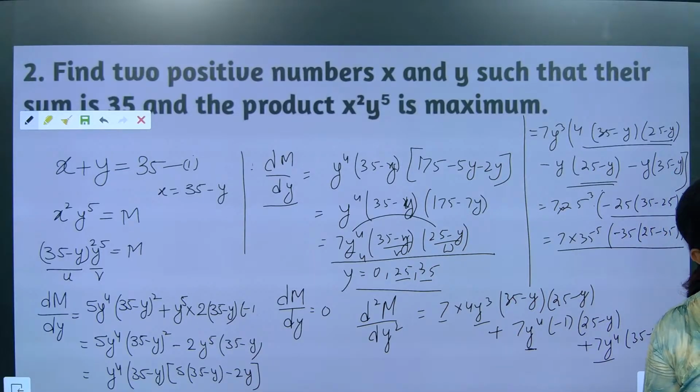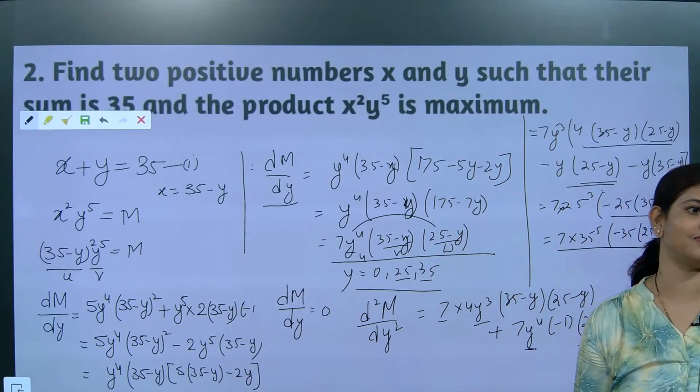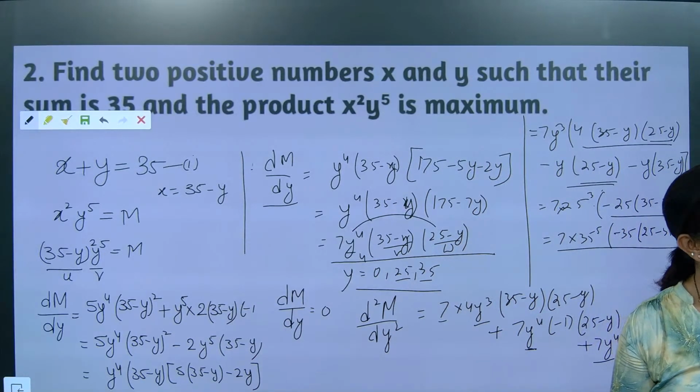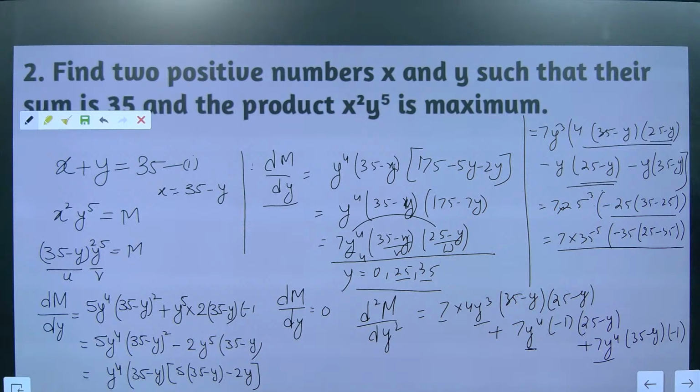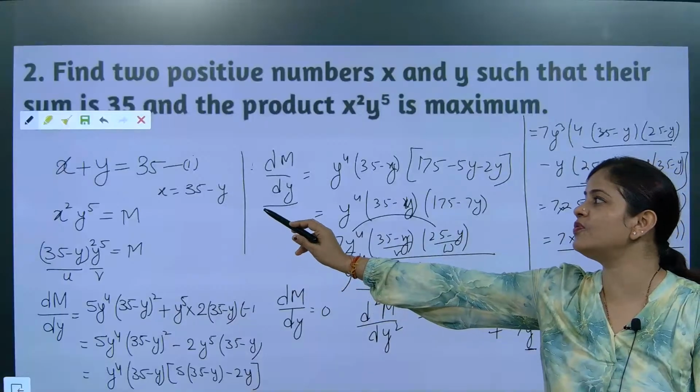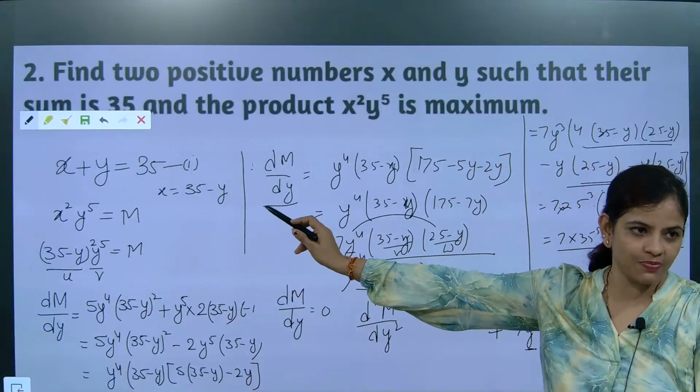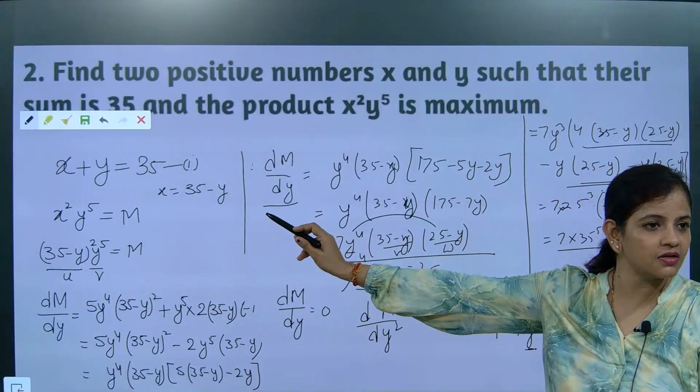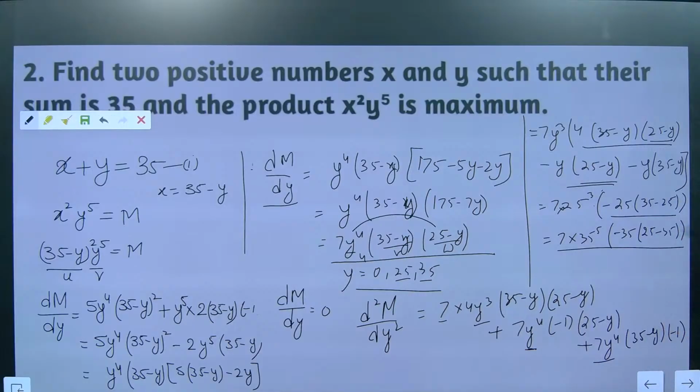Yes, without seeing also you can take by substitution. But here you need to solve and give. That's the problem. Yes, there if the moment you will be putting x minus 25, you got 3 points: 0, 25 and 35.